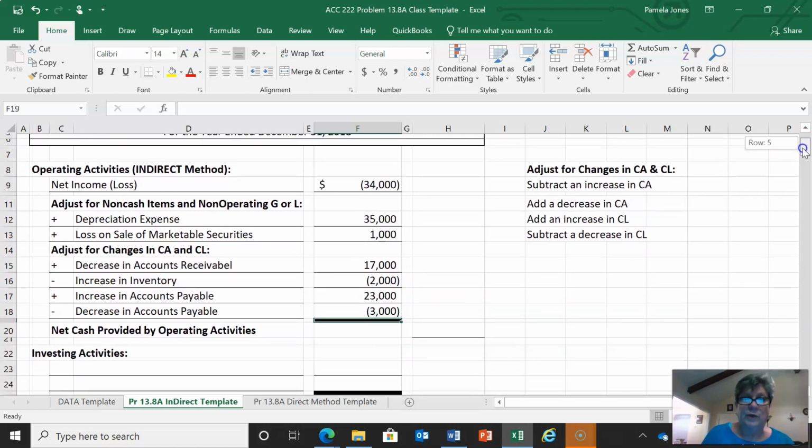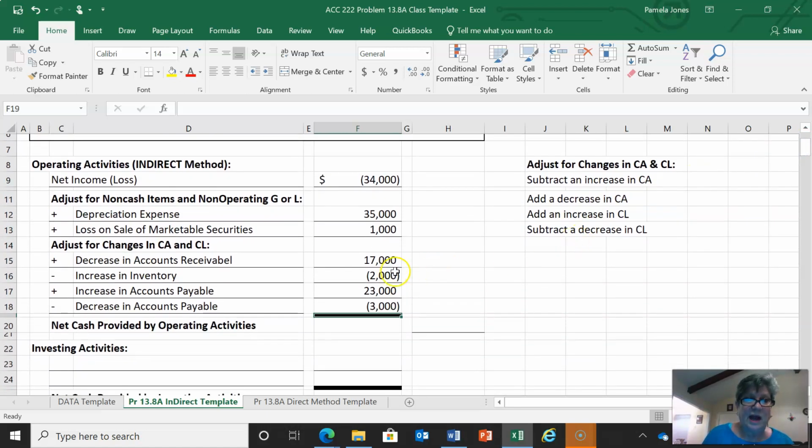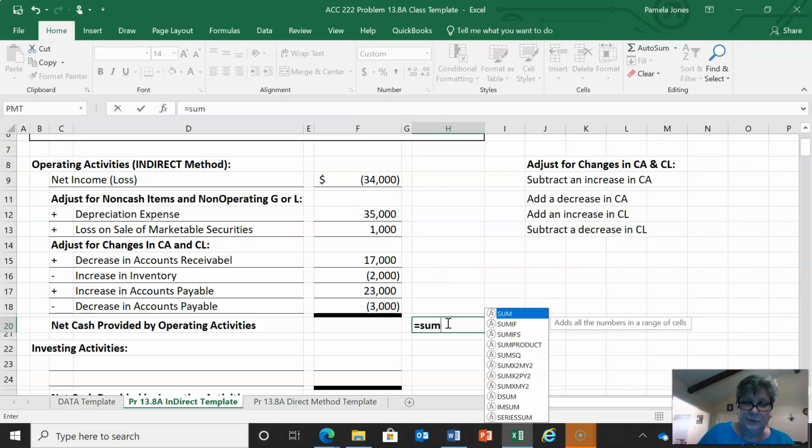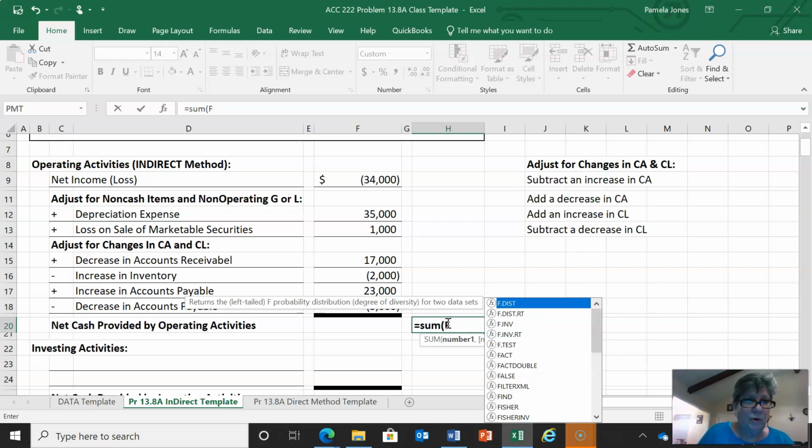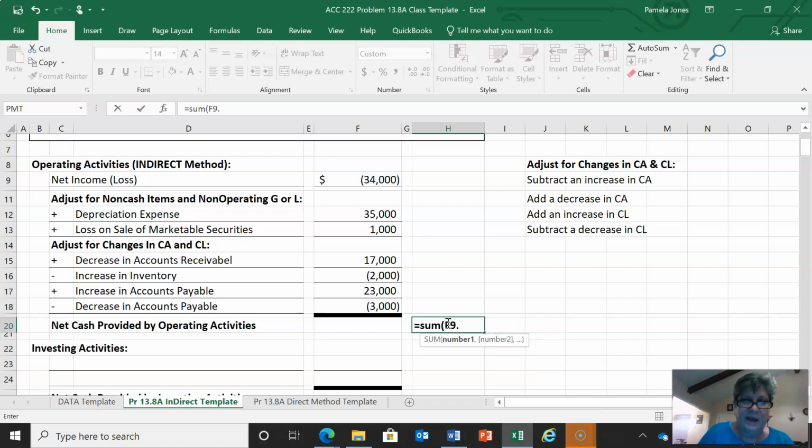So just like with the direct method, our next step is to sum all of these items, pluses and minuses, and I'm going to enter a formula in here to do that math for me rather than pulling out my calculator. That's the beauty of spreadsheets. And notice as I enter the formula, what I'm going to be summing is highlighted there.